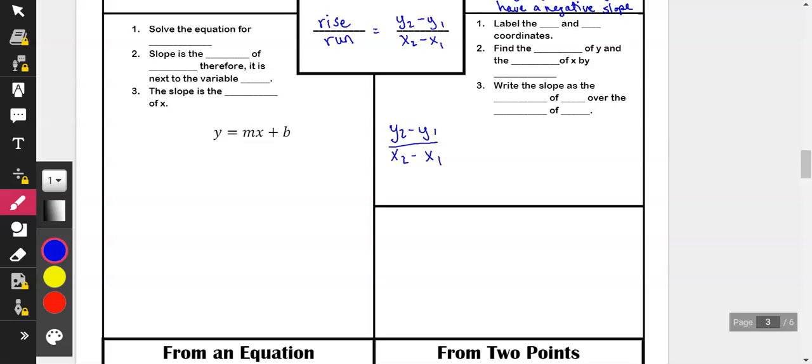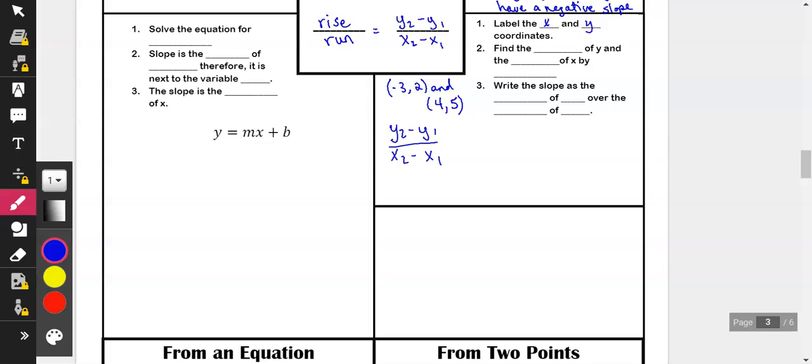So if we're given 2 points, let's say I'm given (-3, 2) and, doesn't really matter, (4, 5). The first thing is to label the x and the y coordinates.